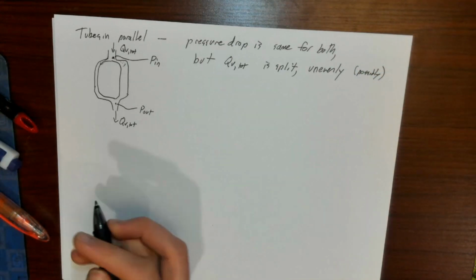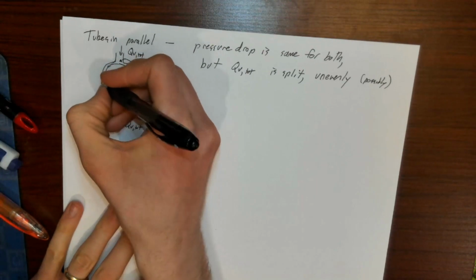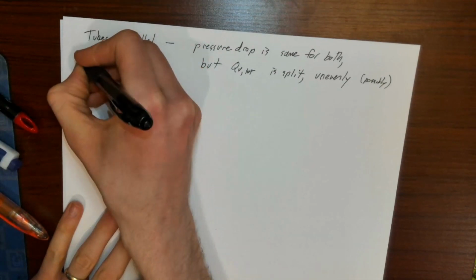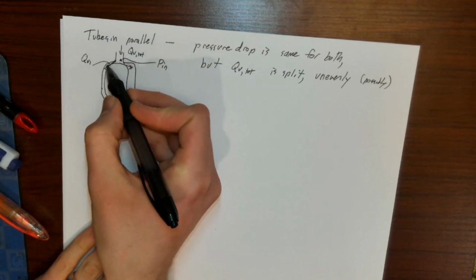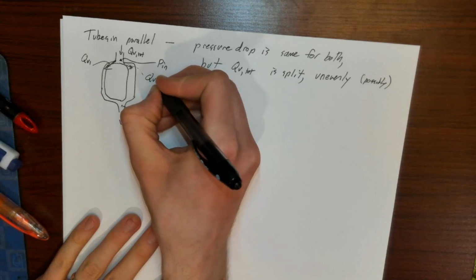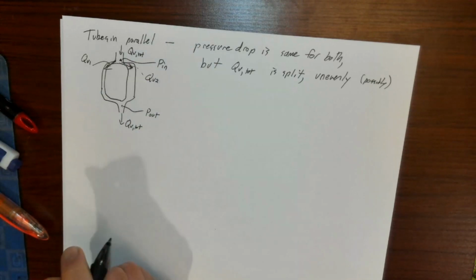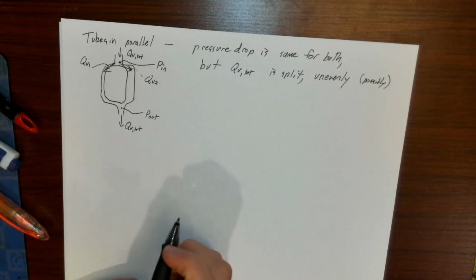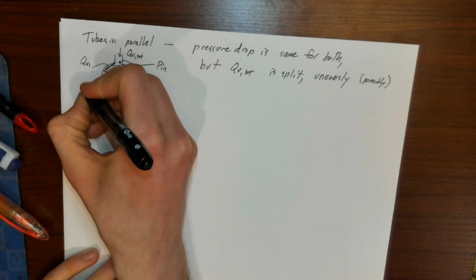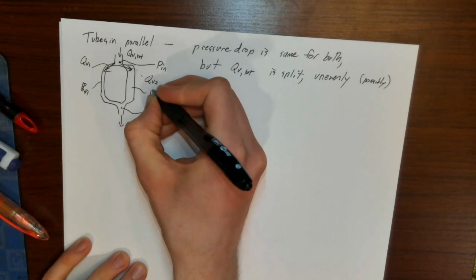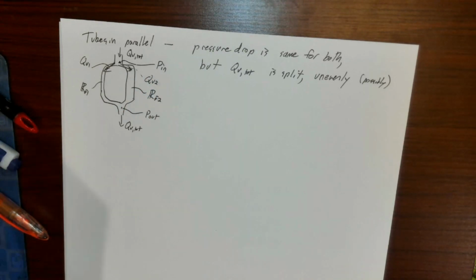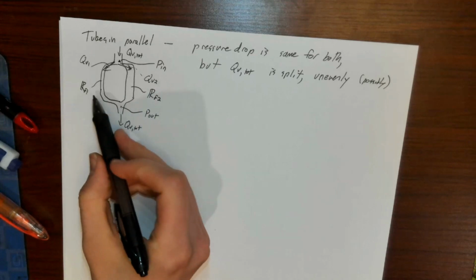So if it's split unevenly, let's say I have some volumetric flow rate 1 going down branch 1, and then some volumetric flow rate 2 that goes down branch 2. And then let's say that there's some fluidic resistance for branch 1 and some fluidic resistance for branch 2 as well.